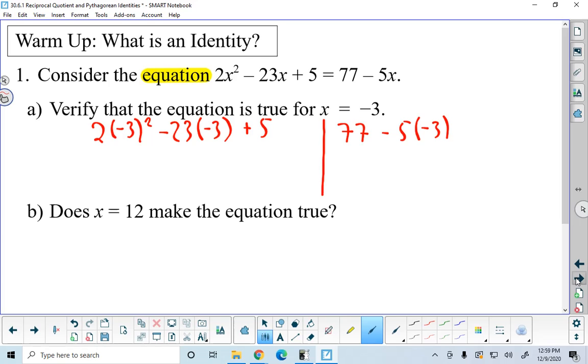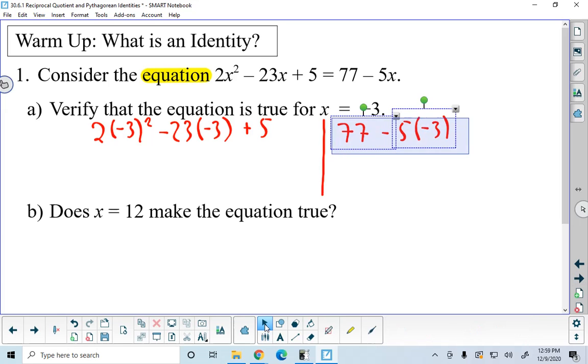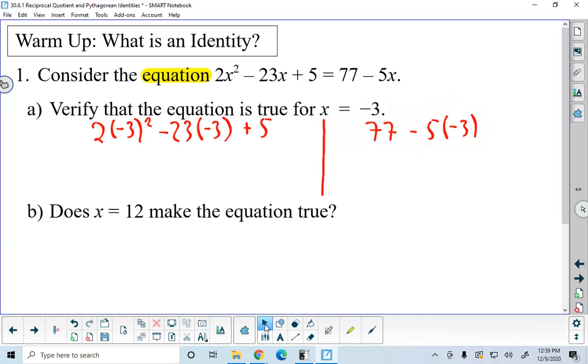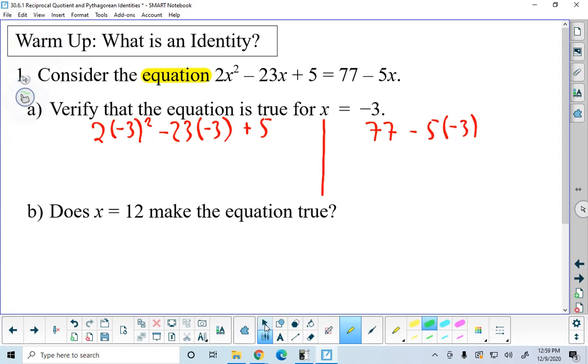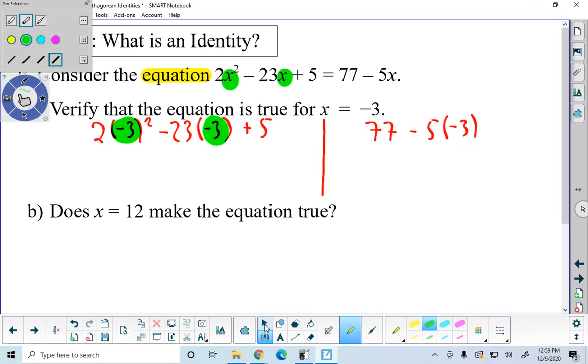So what we have to do here, everybody, is work on the left and the right side separate from one another. So all I've done is wherever there is an x, I've put a negative 3. Wherever there is an x on the right-hand side, I've put a negative 3.